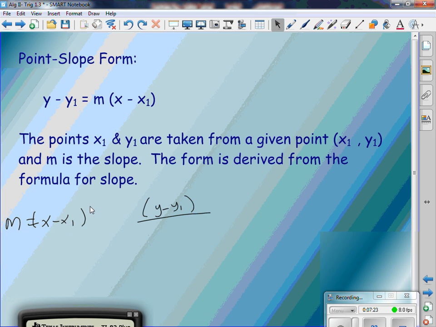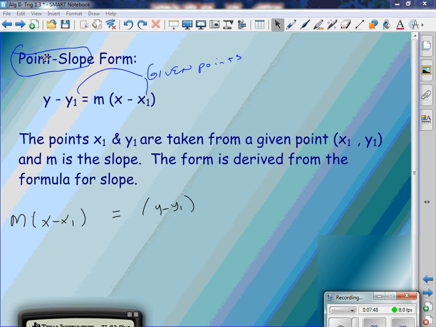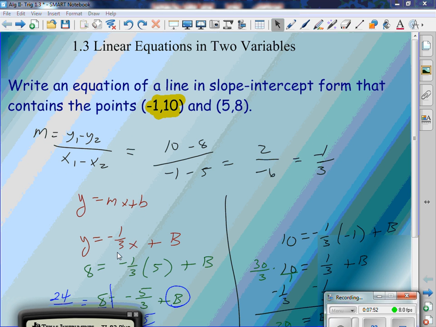If I do this and manipulate it just a bit, I have m times x minus x1 equals this, which is just this formula written backwards. In point-slope form, you have point and slope. In slope-intercept form, we had the slope and the y-intercept.